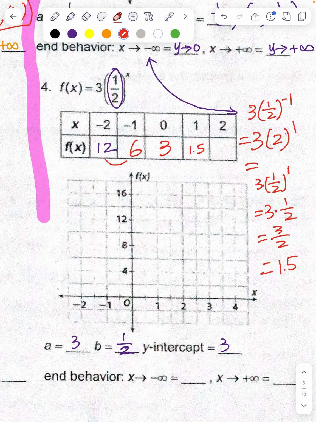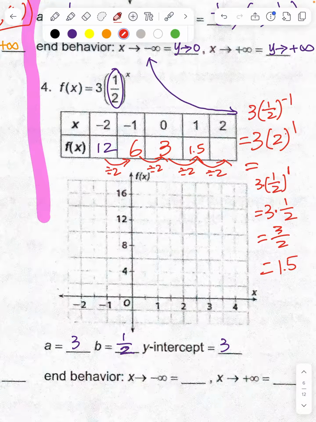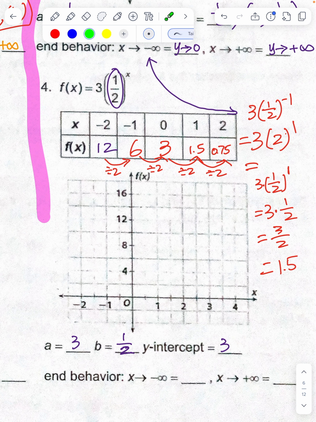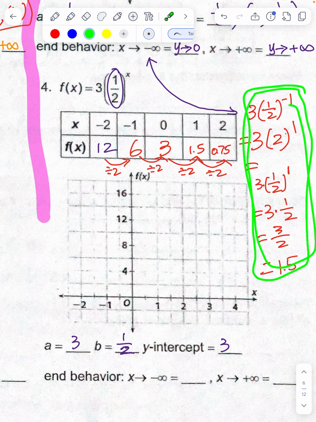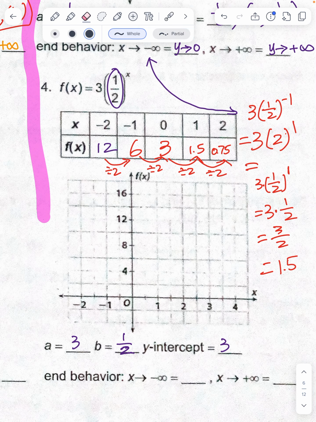Look, this is multiplied by 1/2, which is also divided by 2. Can I just keep dividing by 2 for the last one? Yeah, 1.5 divided by 2 is 0.75. Or you can just use the formula to figure out the value. I'm doing a little bit of a shortcut.